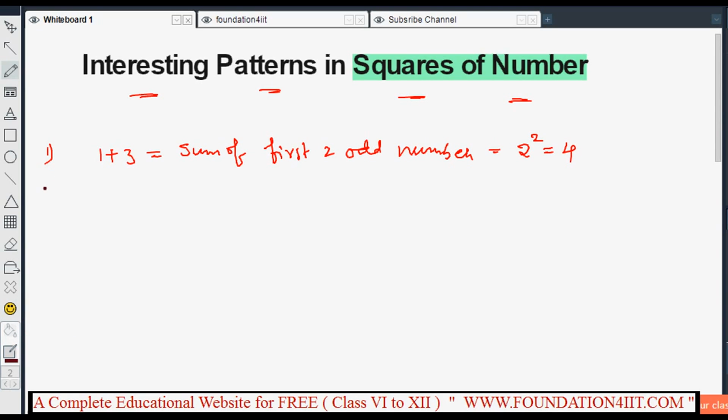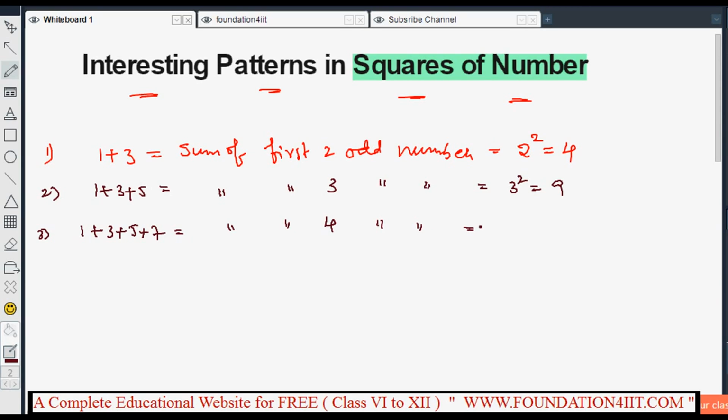I'm making a pattern now, just observe here. Now 1 plus 3 plus 5. This is the sum of the first three odd numbers. 1 plus 3 plus 5 is equal to 3 square, which is nothing but 9. Similarly, the same pattern: 1 plus 3 plus 5 plus 7 is the sum of the first four odd numbers.